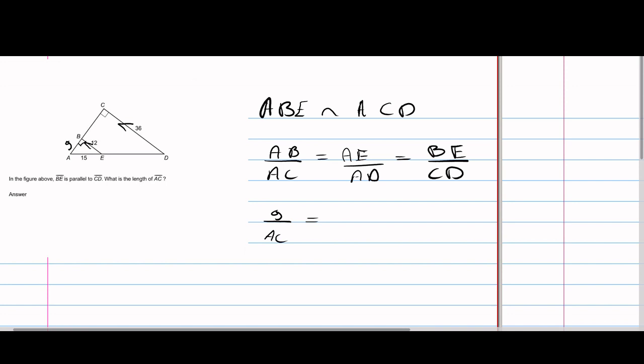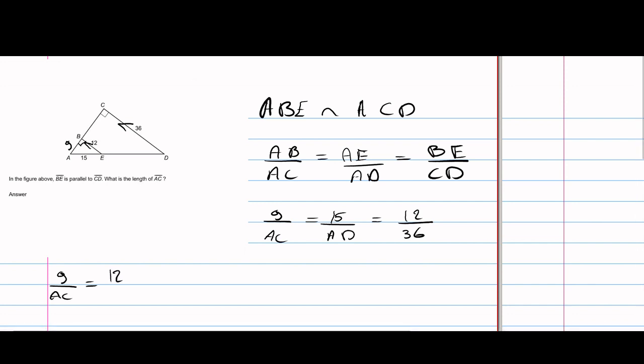AE is equal to 15. AD, I don't have. And then BE is 12 and CD is 36. So the ratio that I'm gonna use is 9 over AC is equal to 12 over 36. That means AC is 3 times 9 is 27, but I could do 9 times 36 over 12.